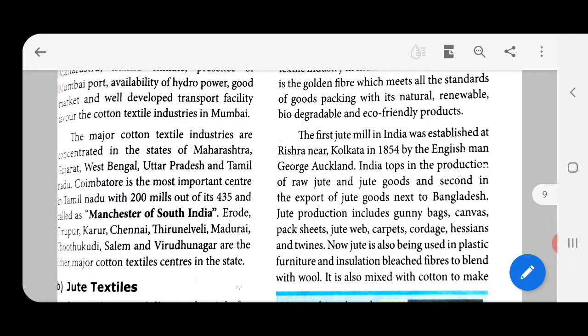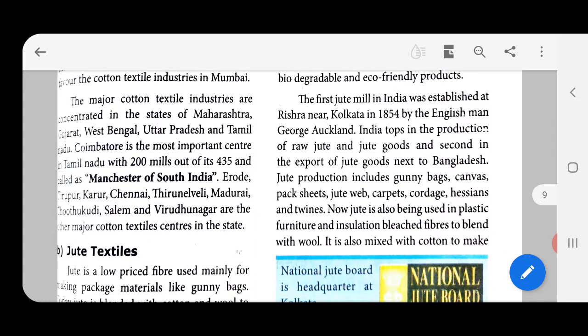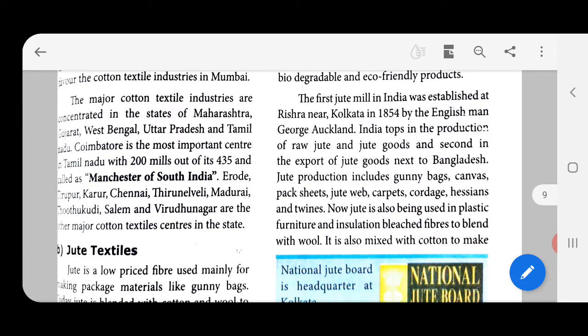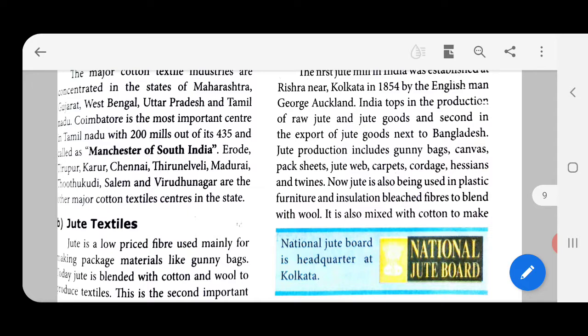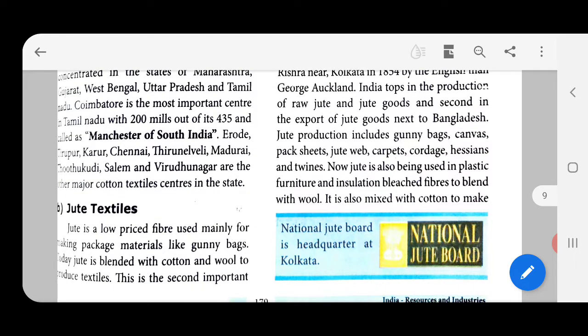The major cotton textile industries are concentrated in the states of Maharashtra, Gujarat, West Bengal, Uttar Pradesh and Tamil Nadu. Coimbatore is the most important center in Tamil Nadu with 200 mills out of its 435 and is called the Manchester of South India.